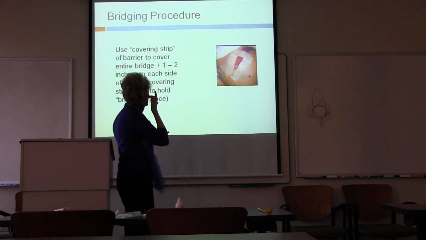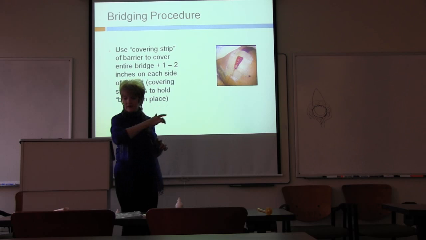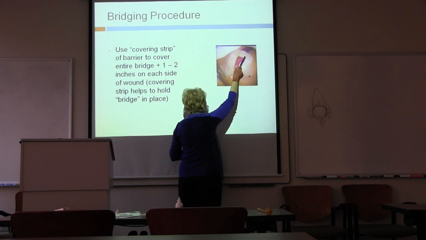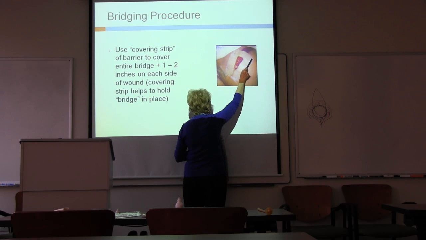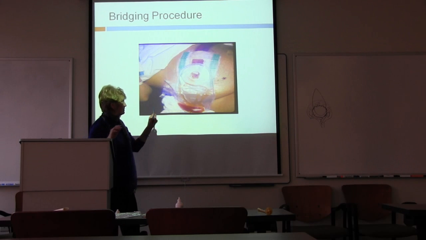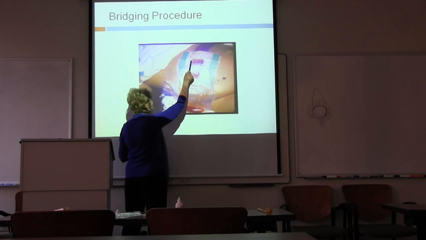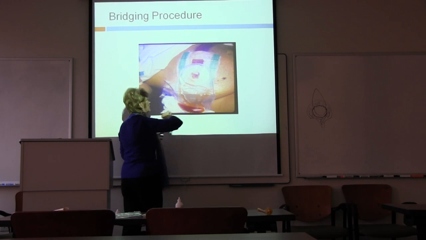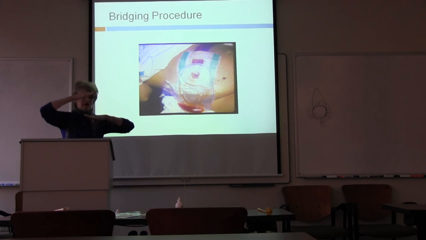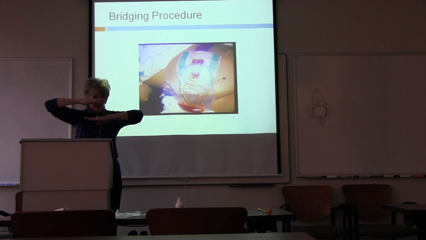And I think you can see it in this slide. So we built it up to skin level, we added a couple of barrier strips beyond that, and then we took a cover strip that went all the way from here, all the way across, and then we troughed it. And again, I think you can see the increased thickness that we had built it up a little bit above skin level so that we had a little bit of a mechanical retention effect.